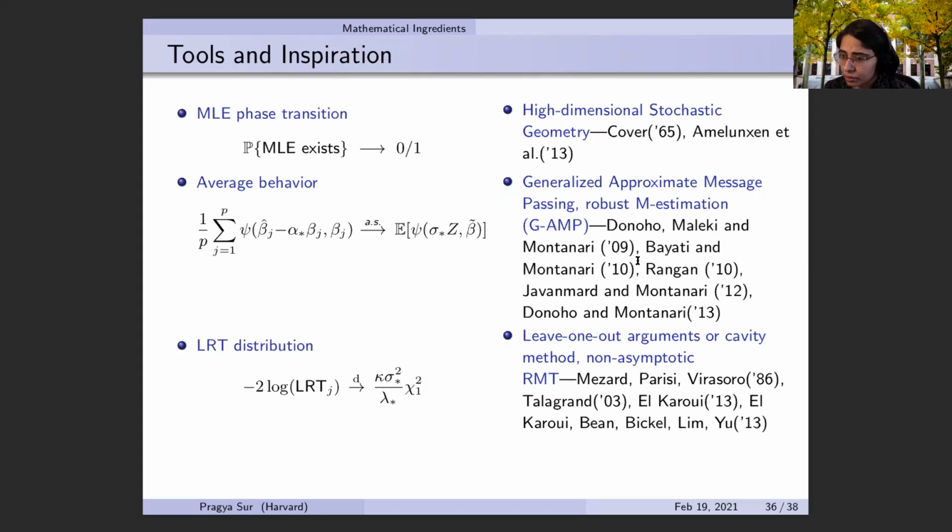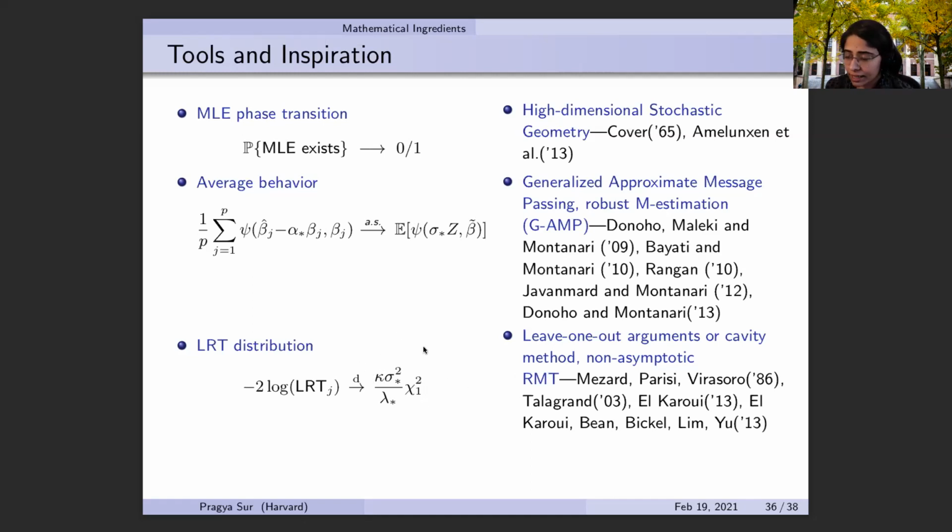This was spearheaded by a paper by Donoho, Maleki, Montanari in 2009, and subsequently there have been many other works. In this p of order n regime, where you don't assume any sparsity, there are not that many tools that can handle it other than a few. So approximate message passing is one way of going about it. And this earlier result we heavily used for the MLE distribution, even under correlations. So this turned out to be very useful for our more recent paper.